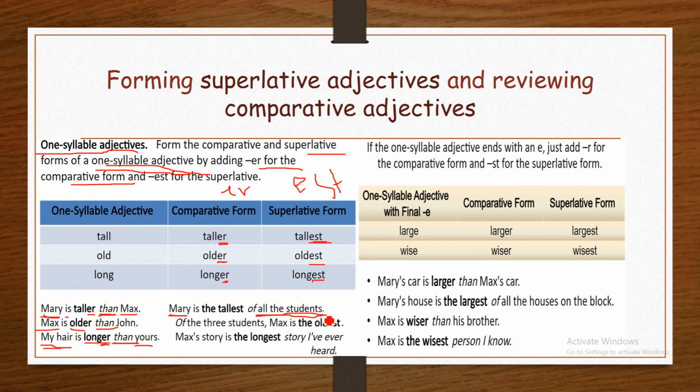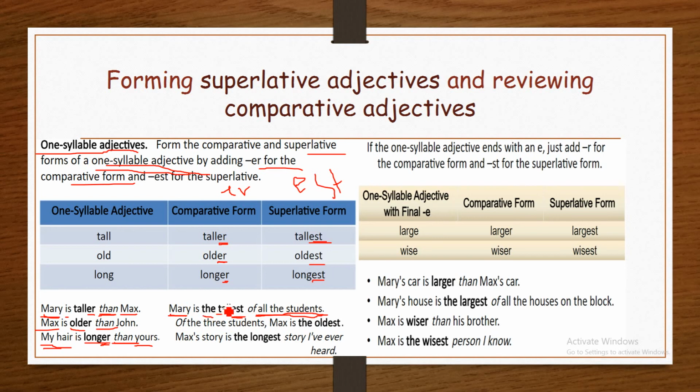Therefore, it is a superlative adjective. Tallest is a superlative adjective. How do you know? It has est, and we have the before the superlative adjective.